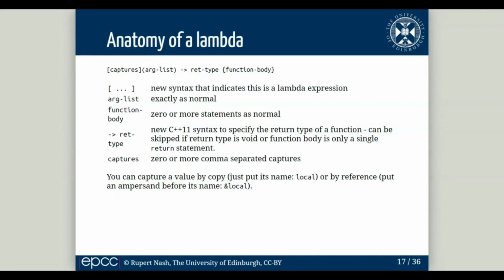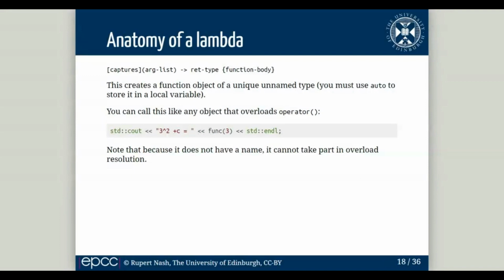You can capture values by copy and by reference. You either just put in the local variable with its name, or with an ampersand for by-reference capture. So it just creates a function object with a type and a single operator.